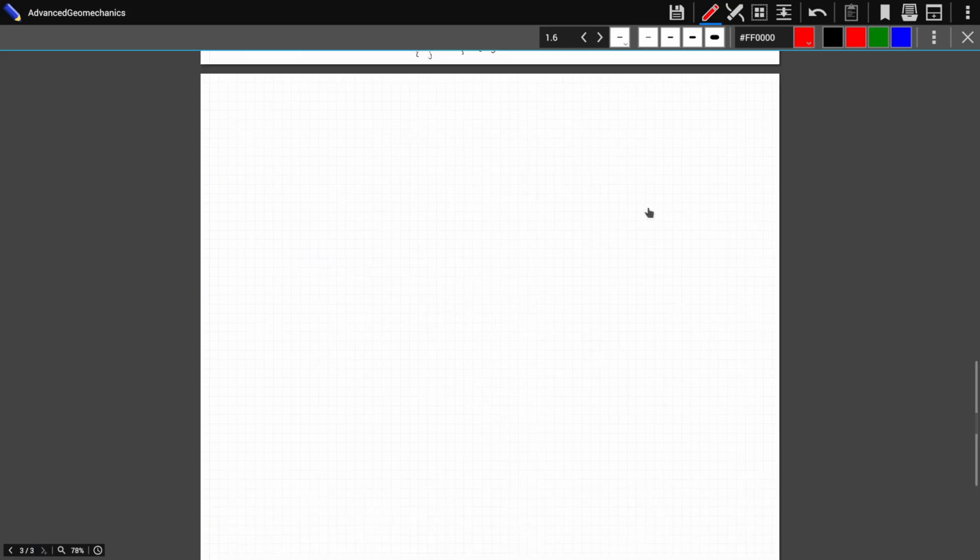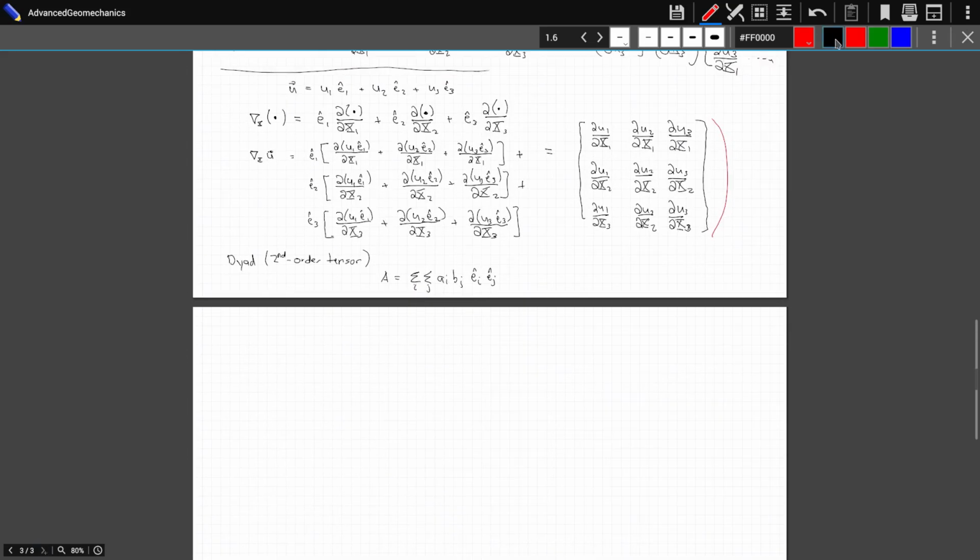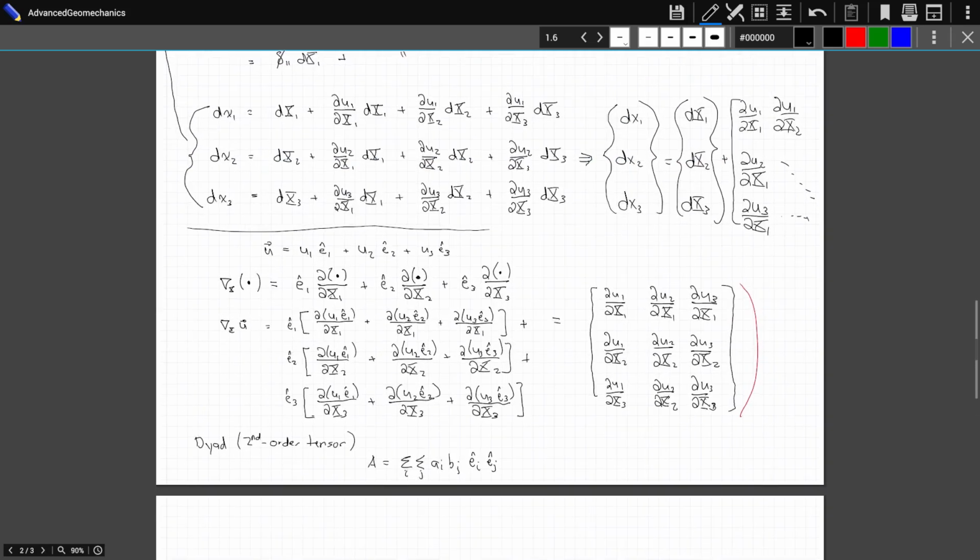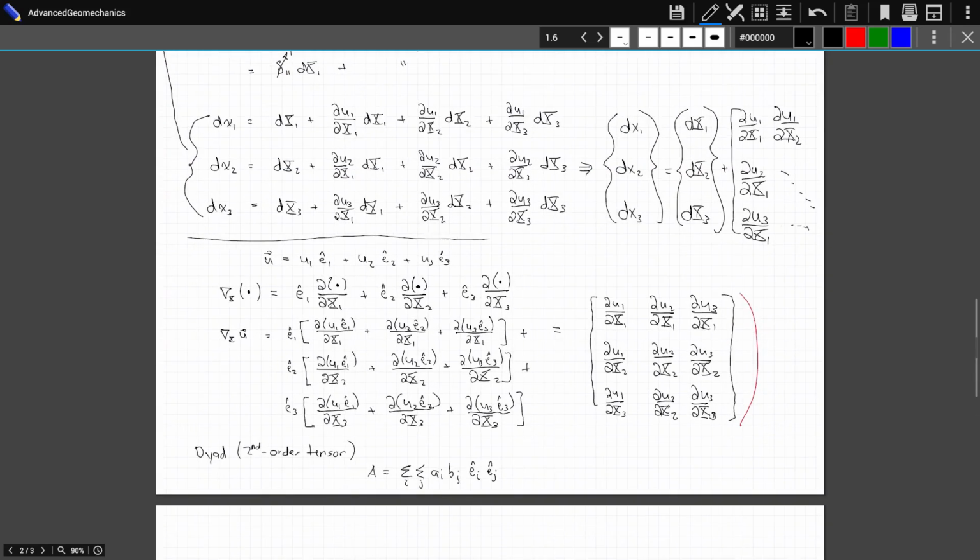In the previous page, you said that this thing is equal to this matrix, but shouldn't there be a multiplication somewhere? Where? Here? The other one below? Well, what it should say is that a dyad or second order tensor is the ij bj term, this thing, right?